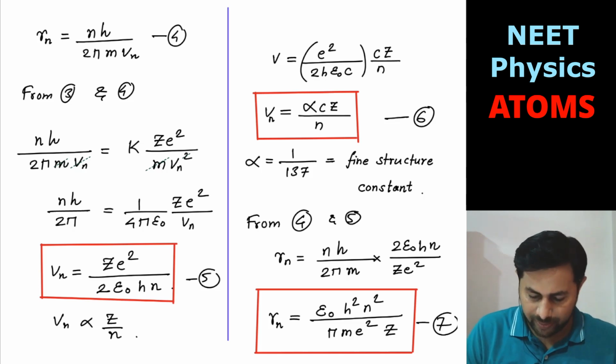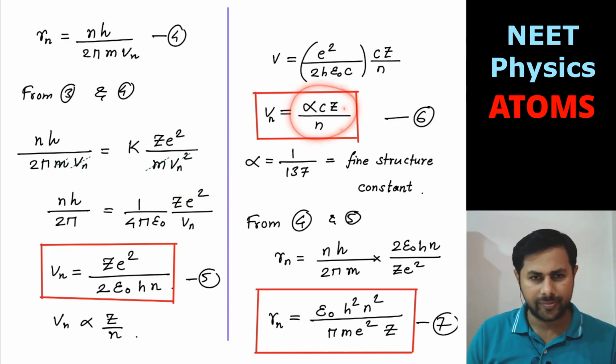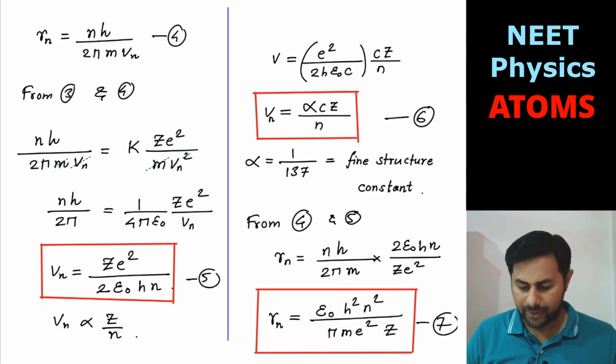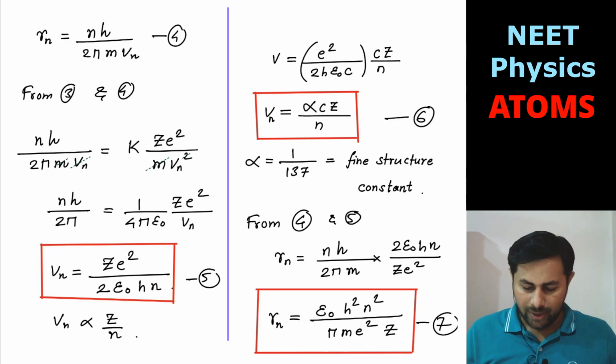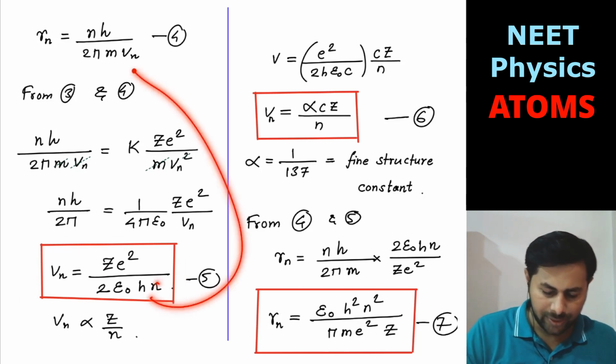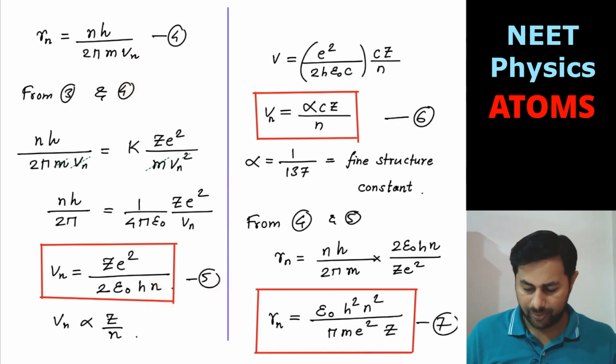So remember Vn is equal to alpha times Cz by n, and most of the time a question based on Vn, the speed of electron in the nth orbit, this formula is sufficient. Now you have found the relation for Vn, so you can substitute that relation in equation number 4 and find Rn.